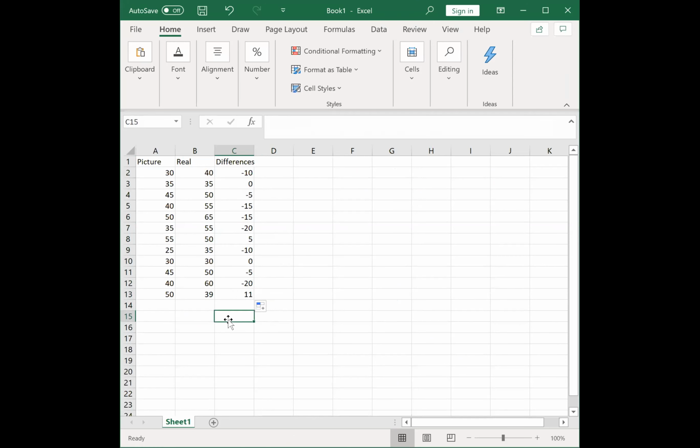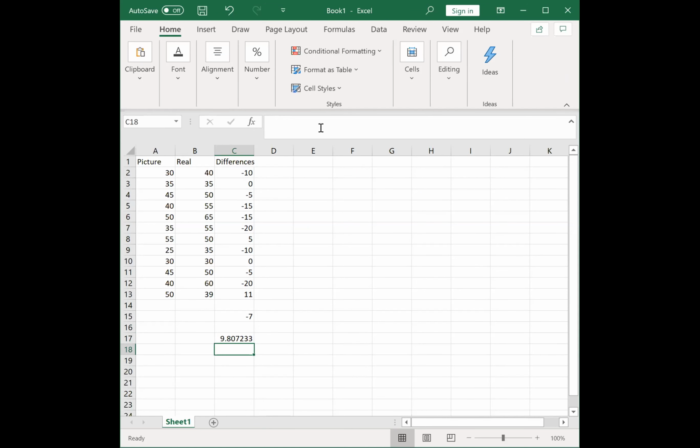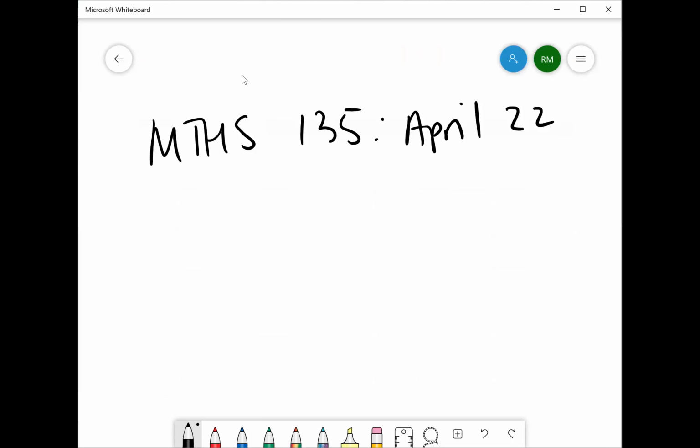So I need to compute the average of those numbers. And I need to compute the standard deviation of those numbers. This will be very important in my analysis. Okay, so let's go back to our whiteboard and start recording everything we have.